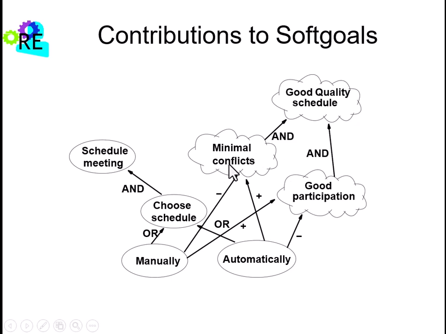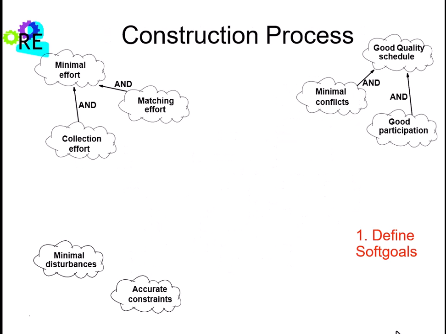This means it will disturb this goal, but it will make the good participation goal. So these plus minus operators are necessary to know. Why necessary? Necessary to know how one goal can affect another goal in a negative way.